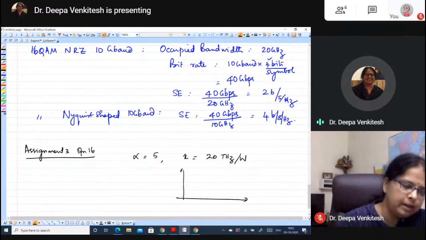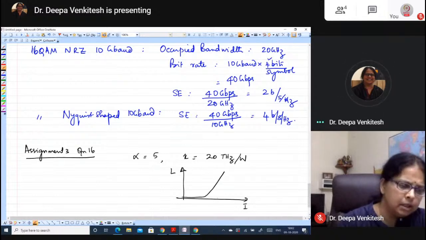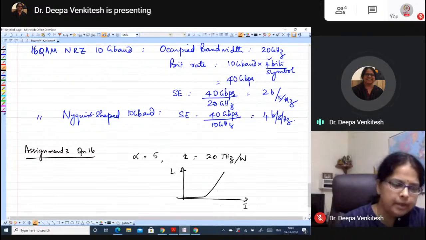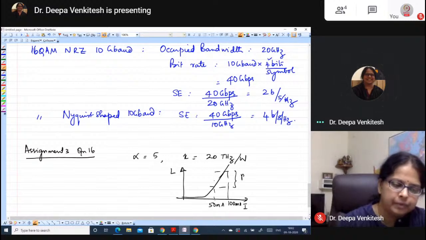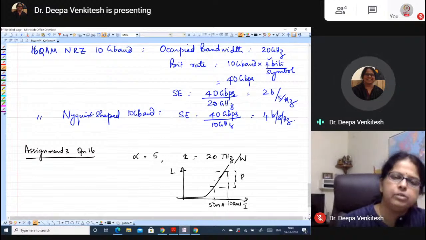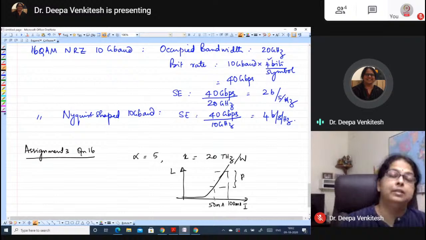Okay, so what does it mean? I have my light intensity versus current. This is my threshold curve. The question is, when the operating current changes from 50 milliamps to 100 milliamps, you have a change in power, right? But in addition to that, there is a change in center wavelength. That's what we learned in the class.